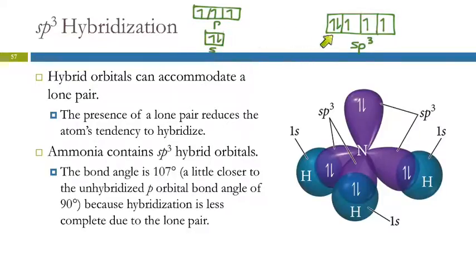And so we still have 4 orbitals. They're called sp3 now. And you just fill them up just like we filled up the atomic orbitals. But the number of valence electrons affects how many of these will be full, and that affects how many bonds this thing's going to make.